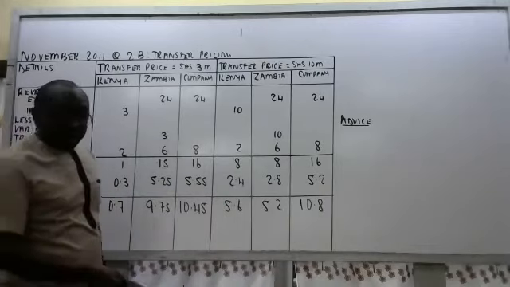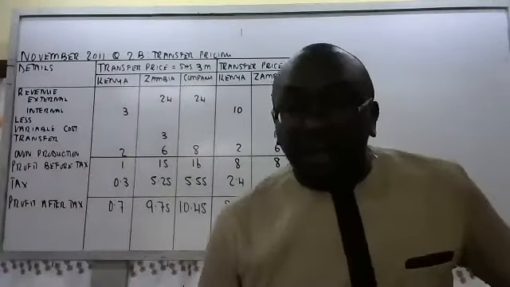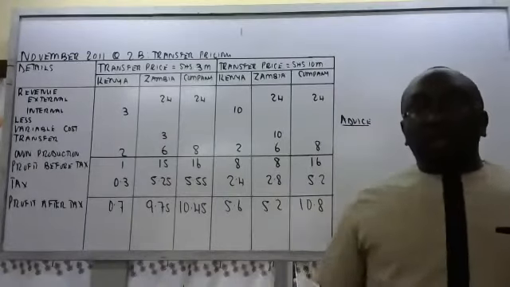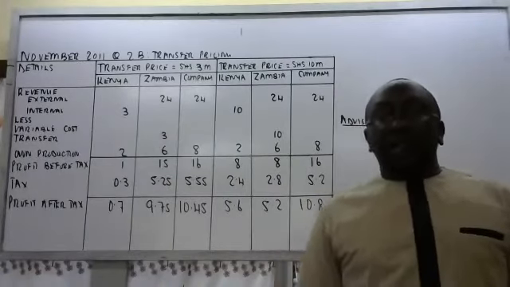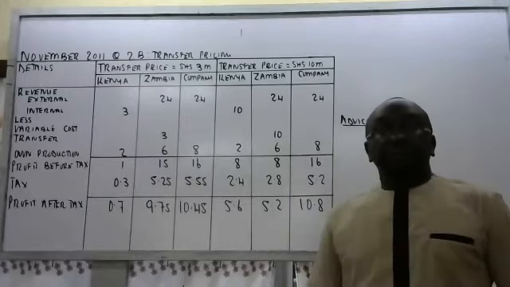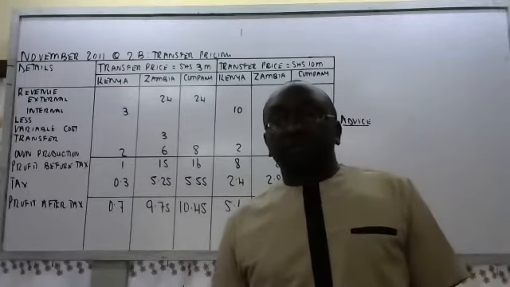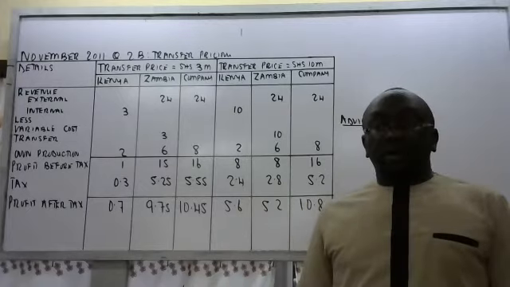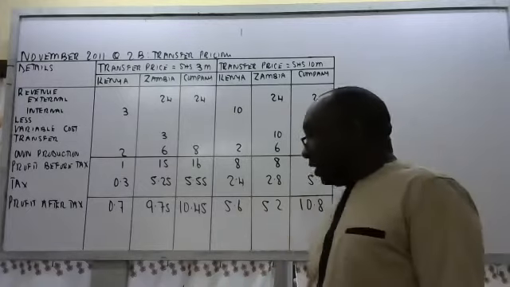So I think, what have you advised them? They should go for which transfer price? 3 million or 10 million? Let me see your advice.